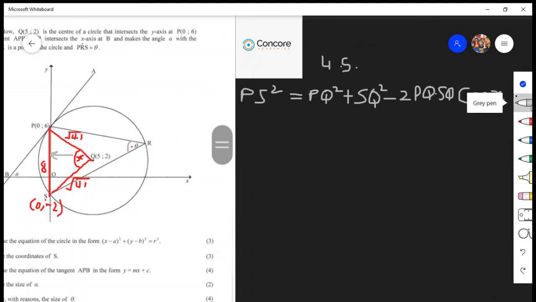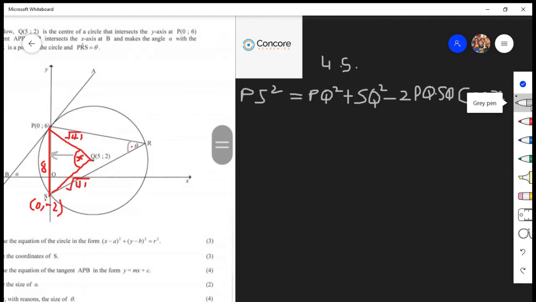Excuse me? I didn't hear your question. I'm trying to find angle x so that I can find angle theta. Because remember, once I find angle x, I'm going to use the angles at a center theorem from Euclidean geometry to find angle theta.